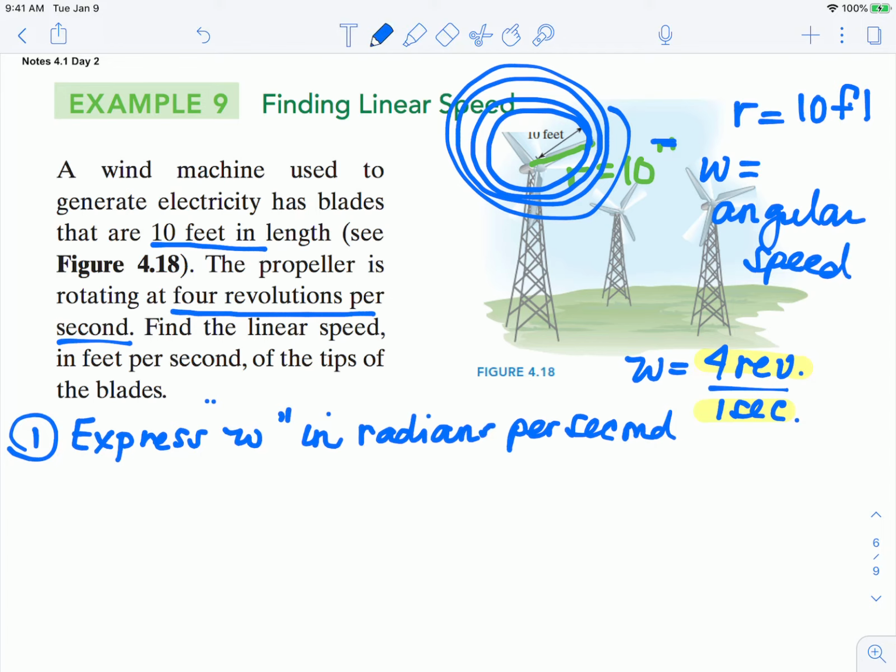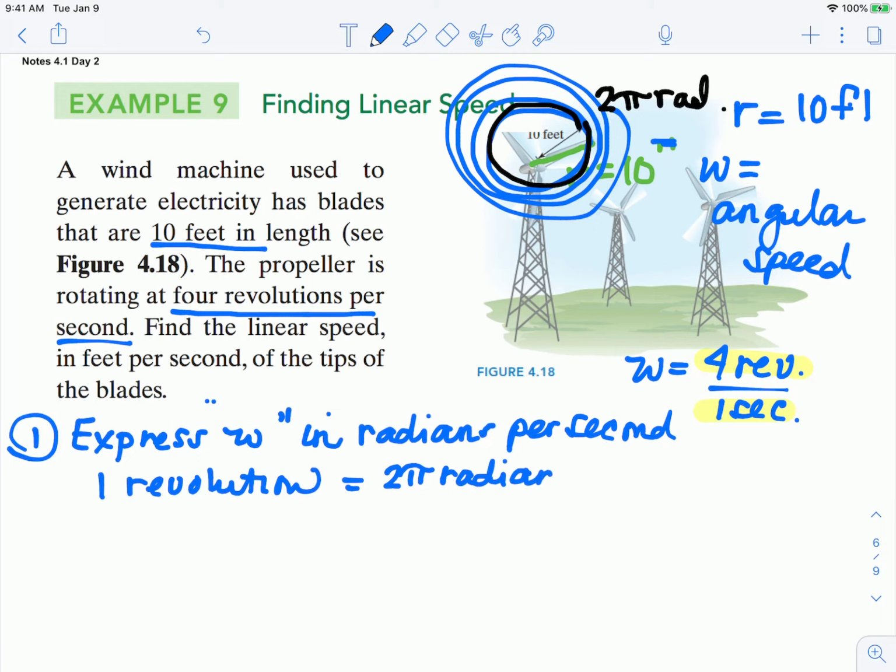So for you to move one revolution around, that distance is 2 pi radians. So we're going to be converting that using a ratio. So 1 revolution equals 2 pi radians, or 360 degrees.